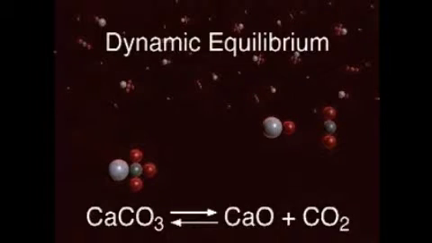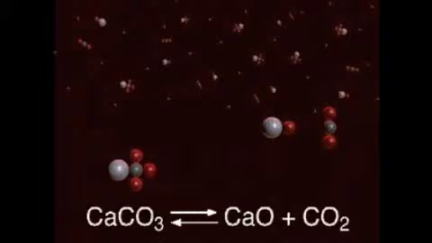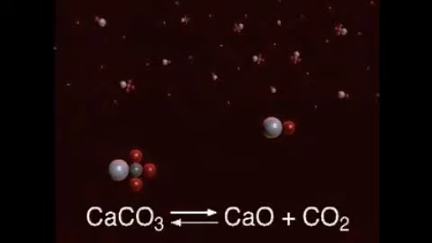Now suppose most of the carbon dioxide is removed from the system, and the system is resealed. The rate of synthesis of calcium carbonate from calcium oxide and carbon dioxide will slow down and almost stop. However, the decomposition of calcium carbonate to form more calcium oxide and carbon dioxide will continue.